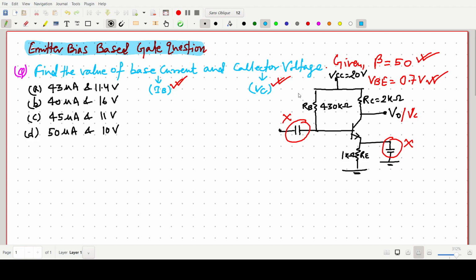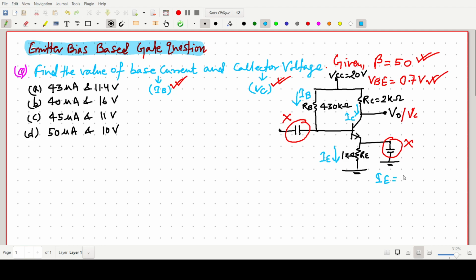First, the current through the resistance RB is our base current IB. Here we can write IC, and the current through the emitter resistance is IE.